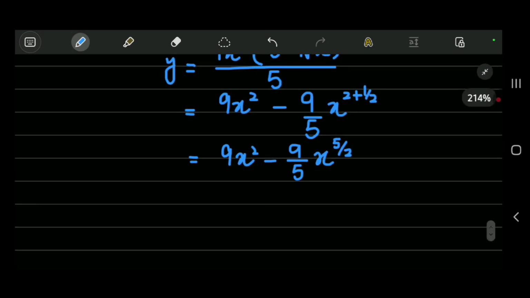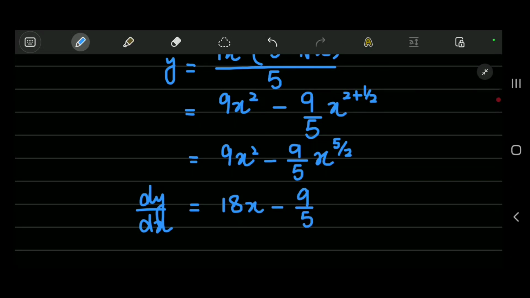dy by dx would be the derivative of 9x square, x square is going to be 2x, so 2x times 9 would be 18x, minus 9 over 5. What is the derivative of x to the power 5 over 2? The derivative of x to the power n is n x to the power n minus 1.